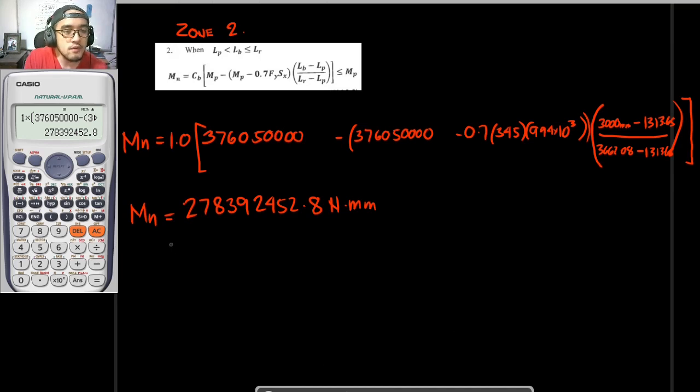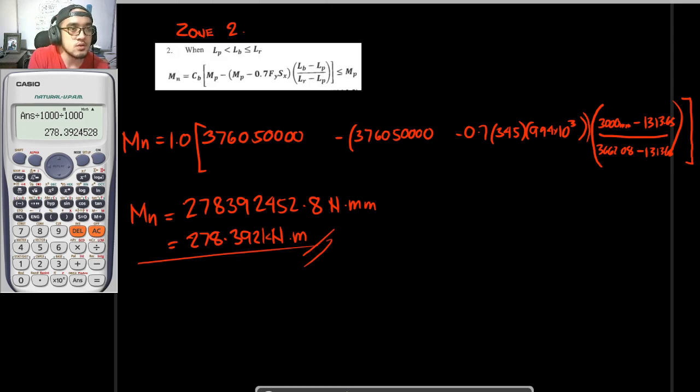If we are to convert this into kilonewton meter, I would be dividing it by 1000 and 1000 once again, so 10 raised to 6. From that, our answer would be 278.392 kilonewton meter. So this is to be our Mn.